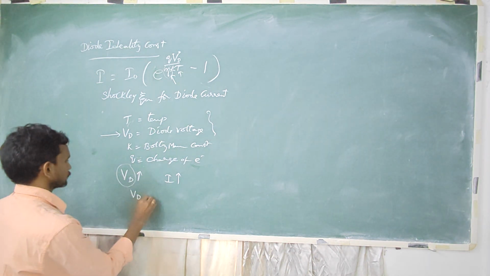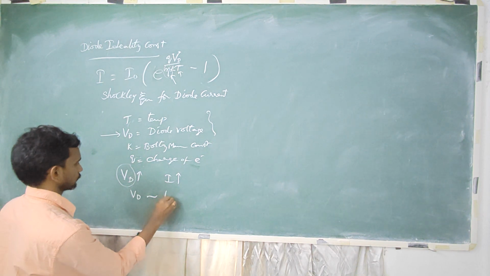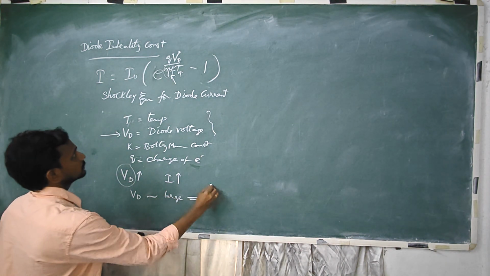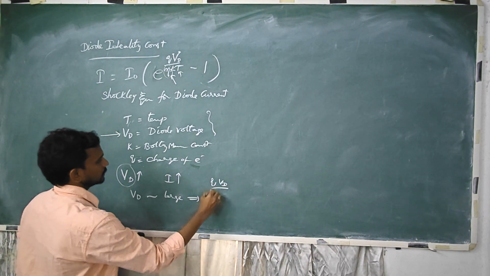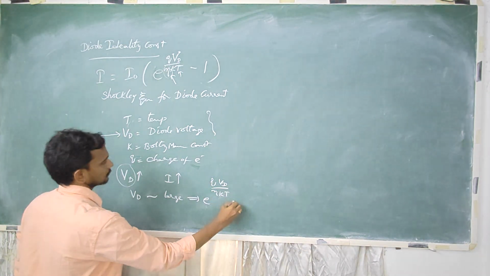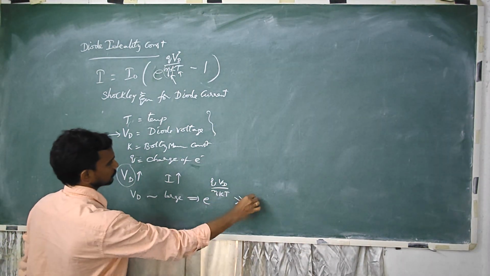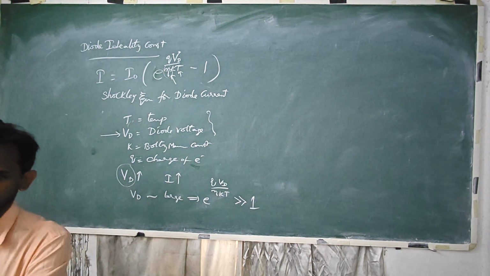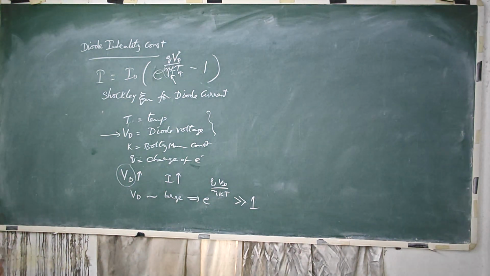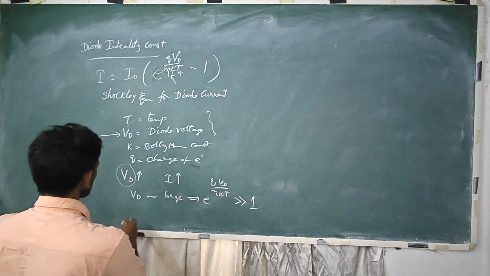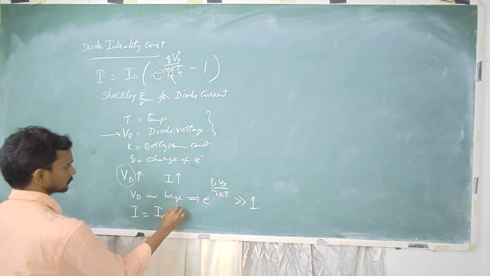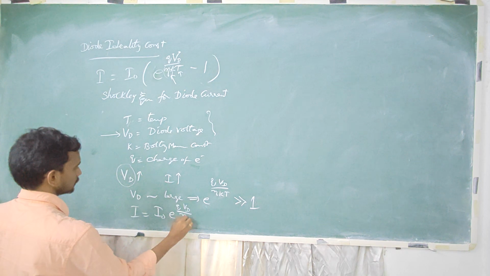So Vd is sufficiently large so that e power qVd by eta kT is very much greater than 1. So then I is equal to I naught e power qVd by eta kT.